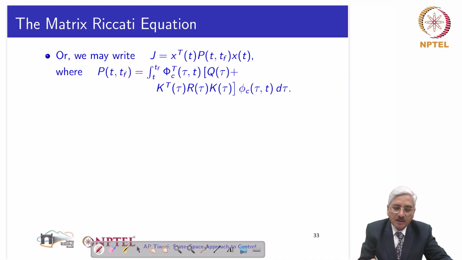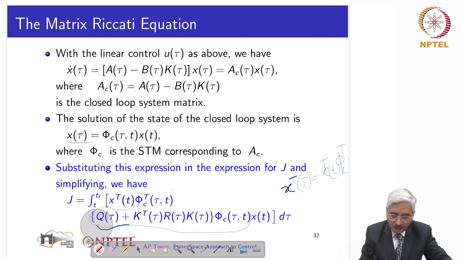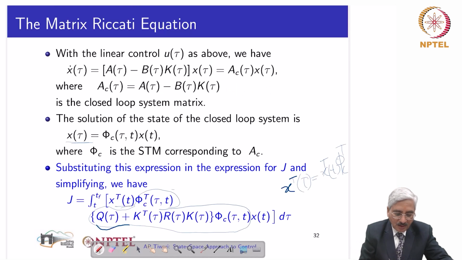And we denote that quantity by P. So P is, we go back a little. What we are doing is this quantity, this phi_C transpose into this quantity into phi_C, this we denote by P. And because x transpose(t) and x(t) do not depend upon the integration variable, they are constant as far as this integration is concerned.